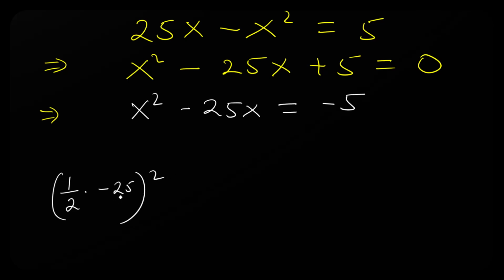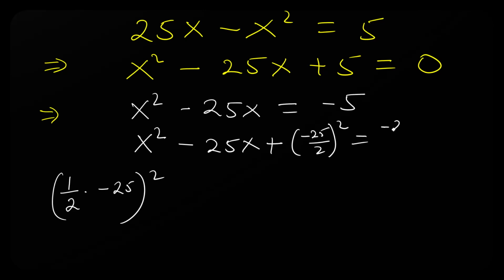So that will be minus 25 on 2. So we have x squared minus 25x plus minus 25 on 2 squared equals minus 5 plus minus 25 on 2 squared. So we have added this one to both sides of the equation.